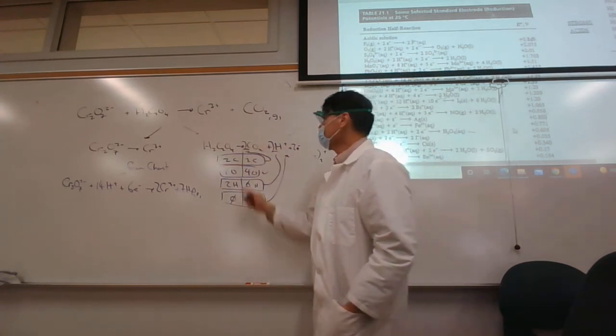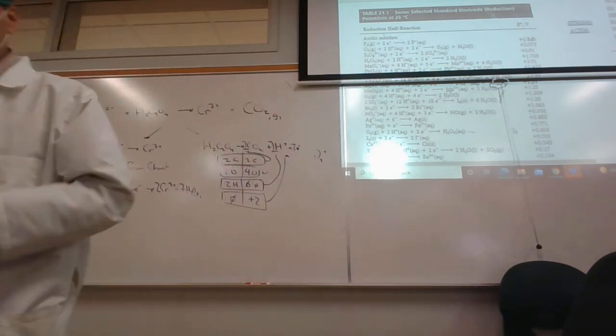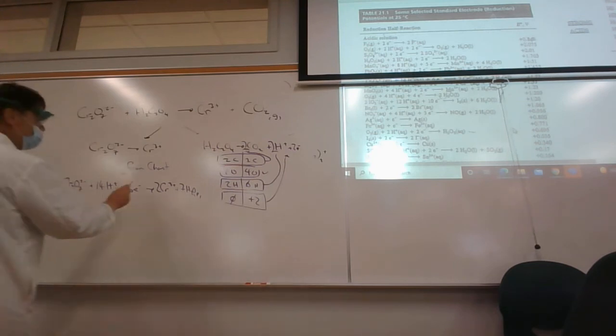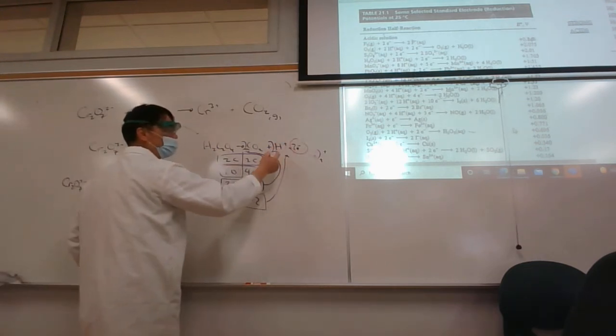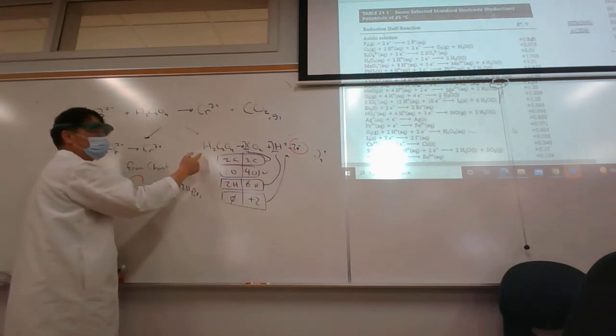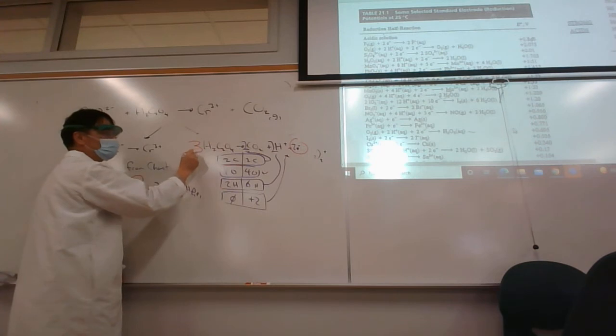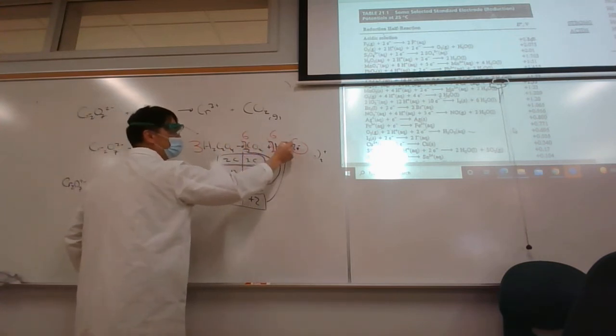Okay, then what I'm going to do is combine the 2 half reactions. When I look at the 2 half reactions, this half reaction has 6 electrons being consumed. This half reaction has 2 electrons being produced. So I need to multiply this one by 3. So I'm going to change this to 3. I'm going to change this to 6, 6, and then 6.